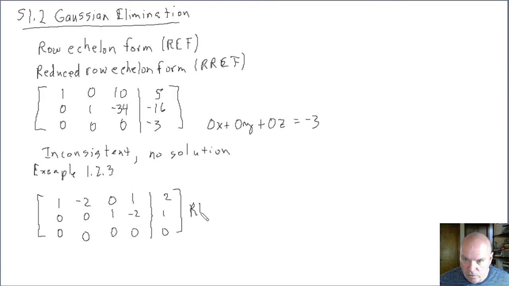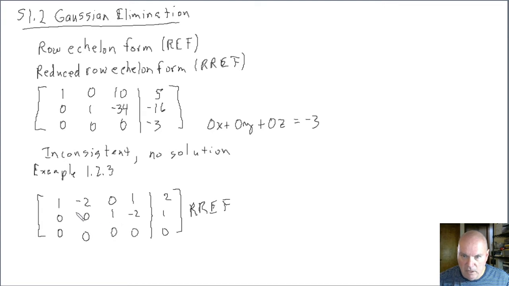And this is reduced row echelon form. All zero rows are at the bottom, if any. There won't always be an all-zero row. In each row, the first non-zero element is a 1. And above and below the leading ones, we have just a column of zeros, except for the 1 in that column.